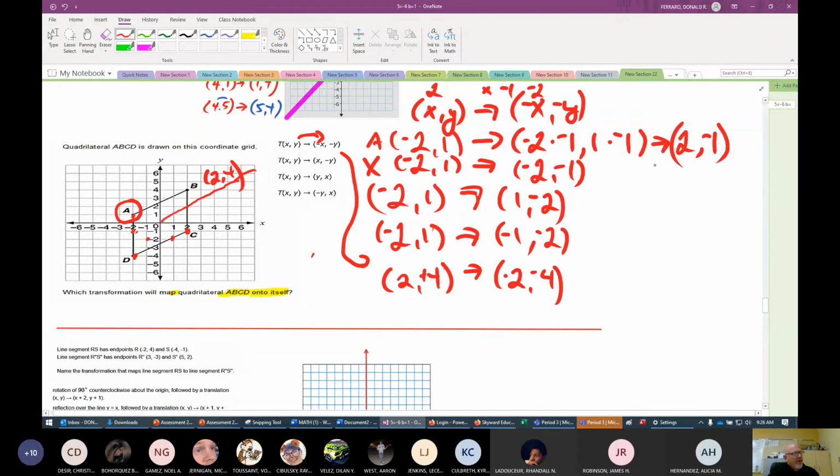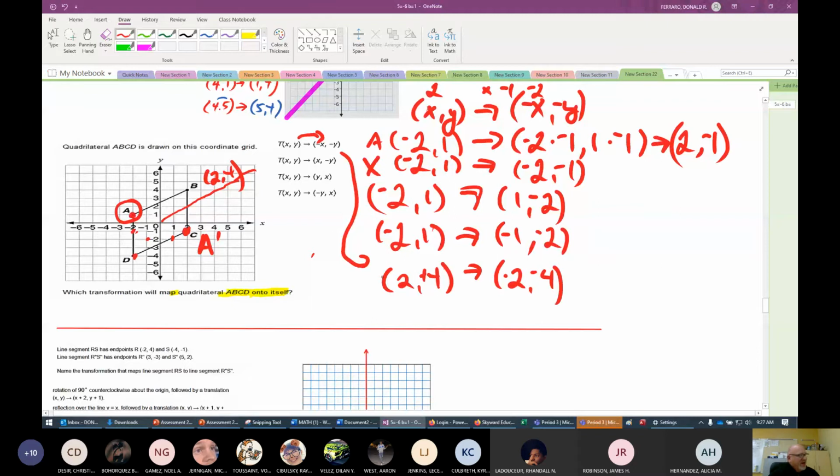So 2 comma -1, I go over 2 and then down 1. And that point right there would be your A prime. So that maps from this vertice to this vertice.